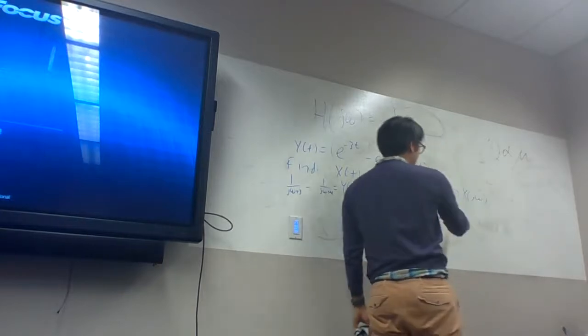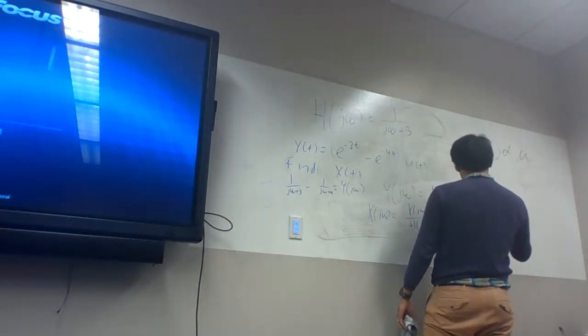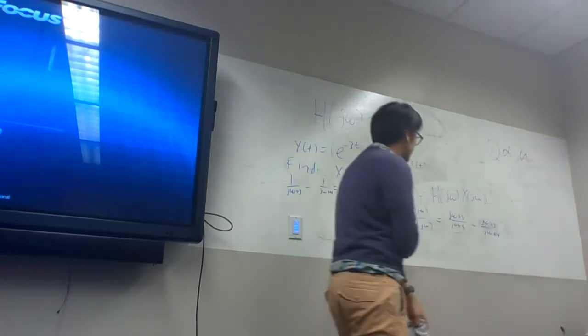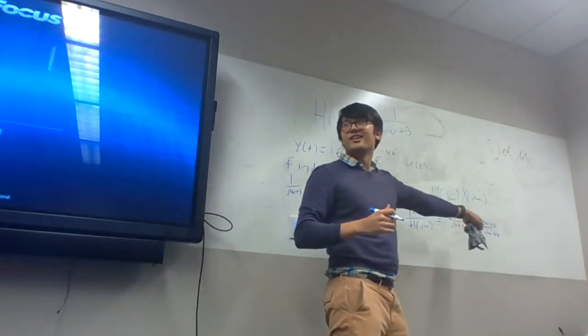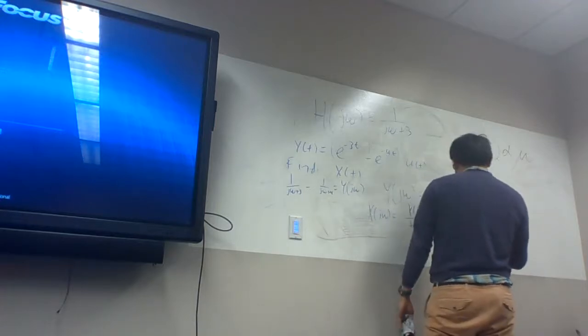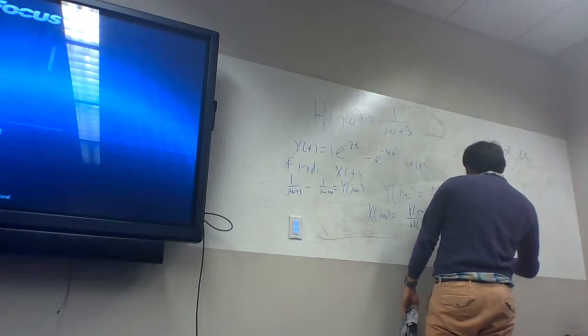I'm pretty sure you know what that is. And then you have j omega plus 3 over j omega plus 4. And so what's this? 1. Right? That's not even a trick question. So we have j omega plus 3 over j omega plus 4.